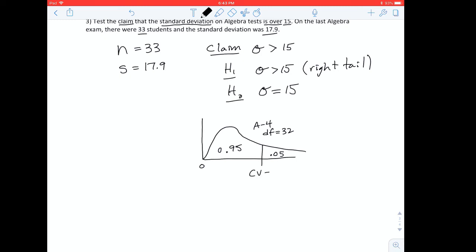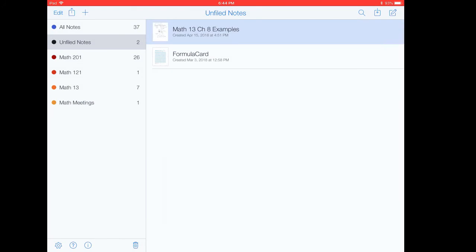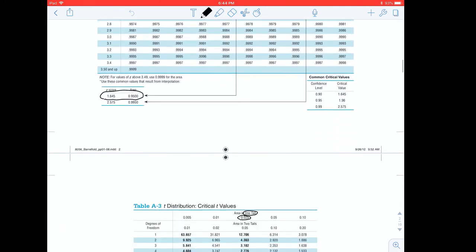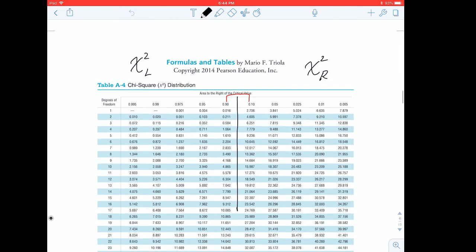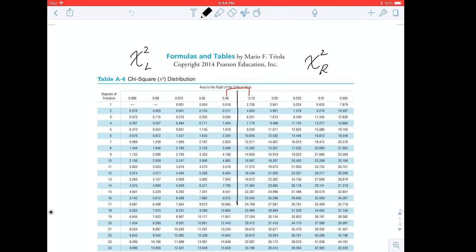Then look up the critical value in table A4. So here's table A4. This is the one that's split down the middle, and we need chi-squared right, so we're using the right side. And on the right side of our picture, there was a 0.05.